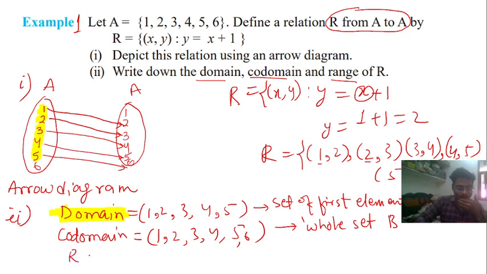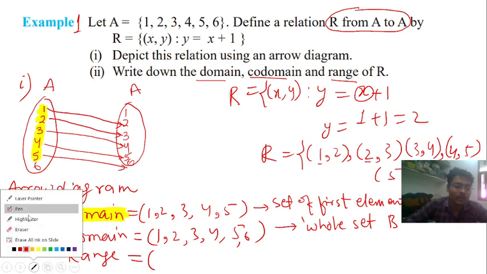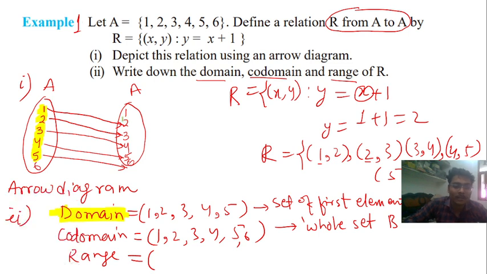Now we will write the range. Range will be the image of domain. Image of domain means the set of second elements in the relation. We will take a highlighter and change its color. So these are the range part here.